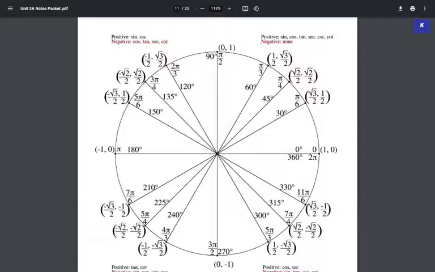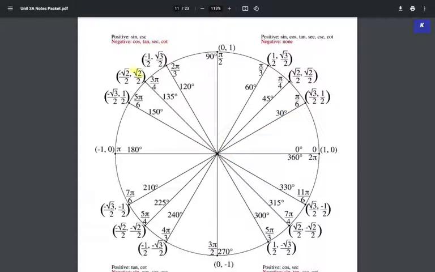Some other things to think about is this right here is a 30-degree angle from that 0 degrees, and this is 30 degrees away from that 0 degrees. Well, the angles that are 30 degrees away from the x-axis have the same ordered pair on either side. It's just what the signs of their x's and y's are in those quadrants.